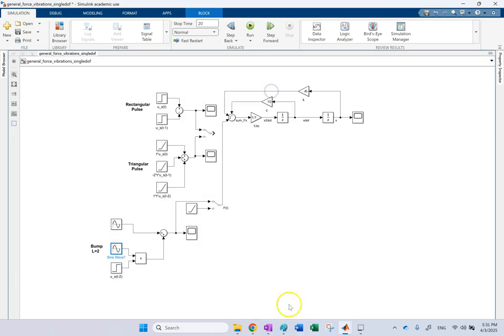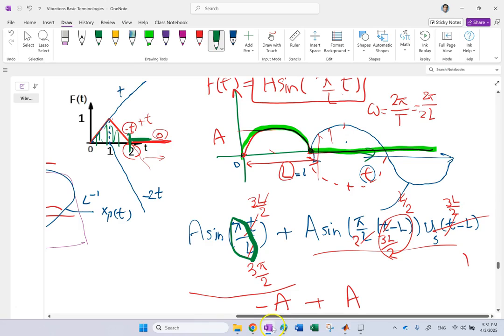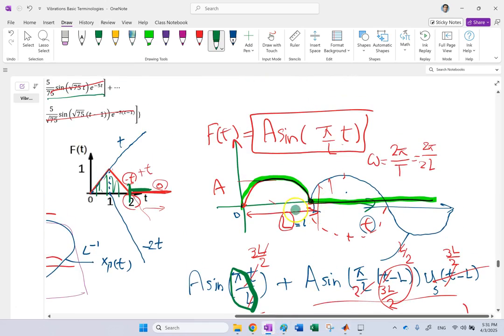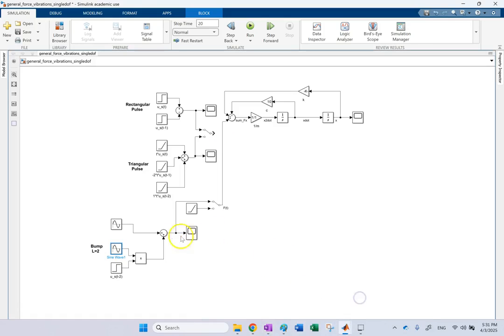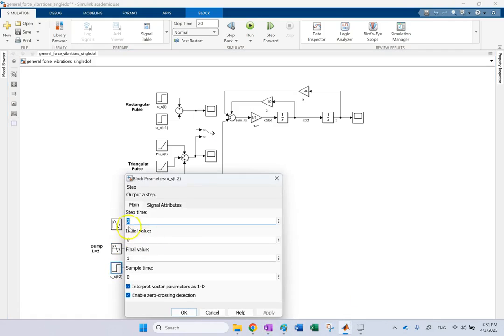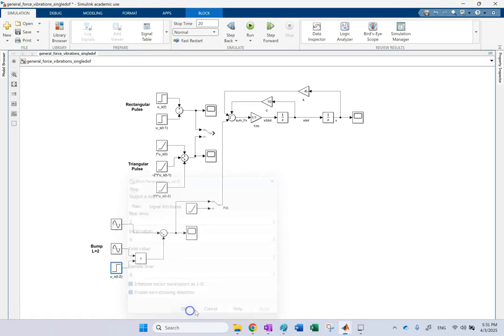Why pi? Because pi means it's 180 degrees back in phase, and that's exactly what it is, half of the period. So the phase of this signal with respect to this one is basically 180 degrees. And if I don't multiply this step function, which is starting at 2, you might say, what's going to happen?